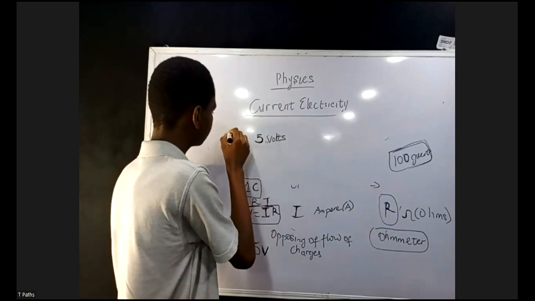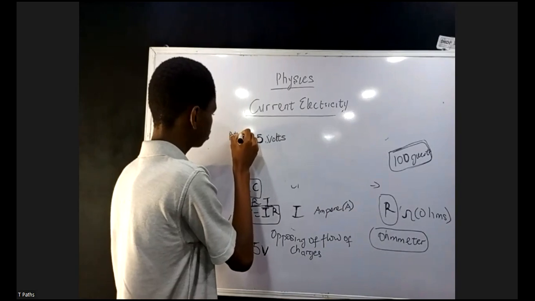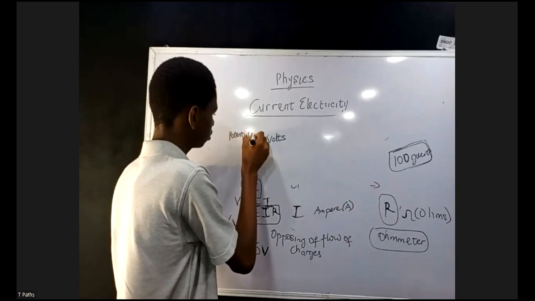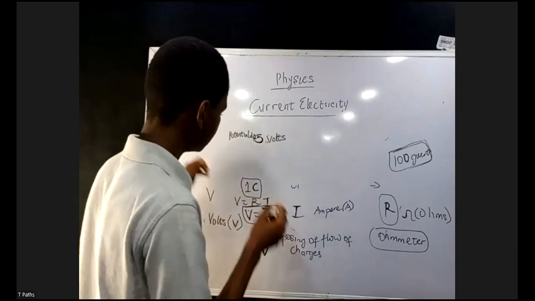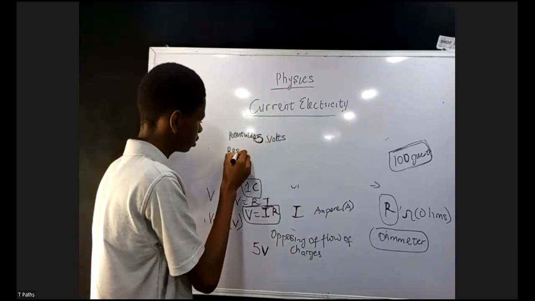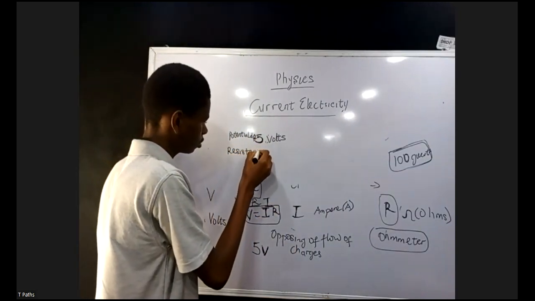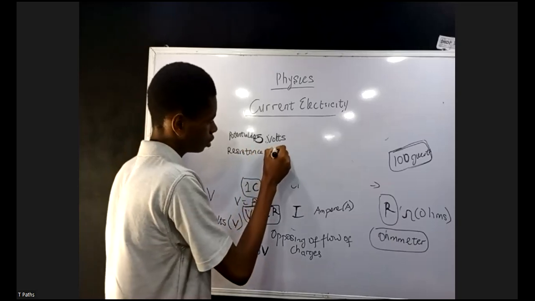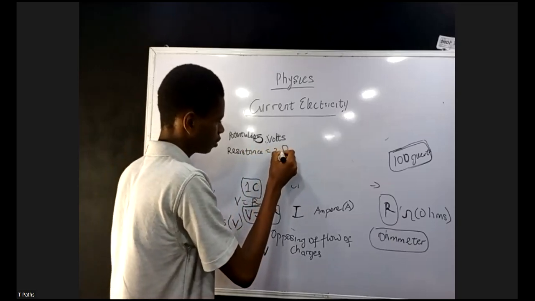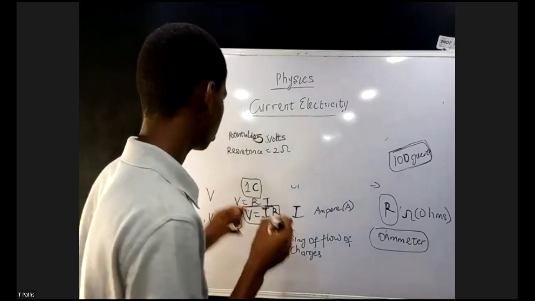My potential difference is 5 volts, and then my resistance equals 2 ohms. Find the electric current.